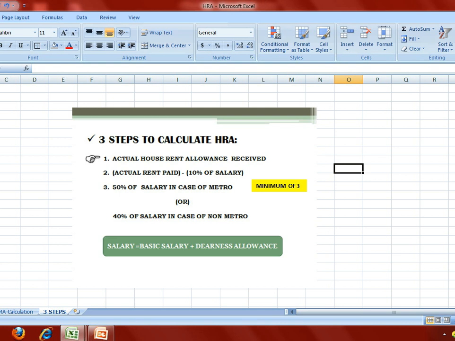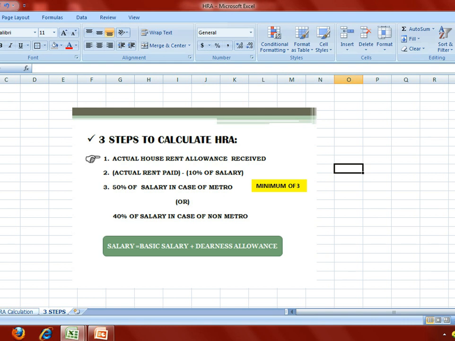Those three steps are: list out actual HRA received, and you need to discount the actual rent paid with 10% of the salary. Finally, check whether you live in metro or not. Accordingly, calculate the value. The minimum of all these three steps will be the final eligible amount to claim under HRA.